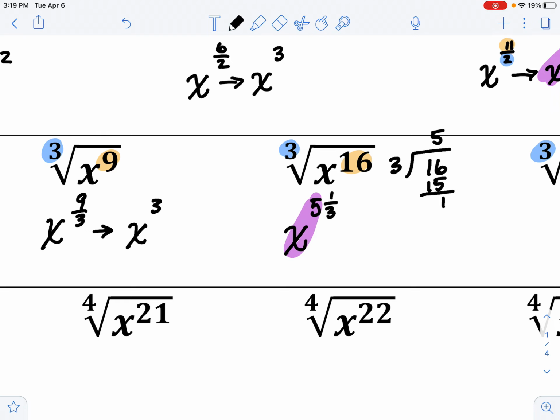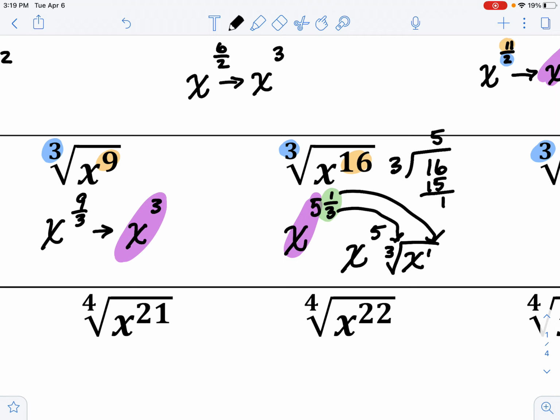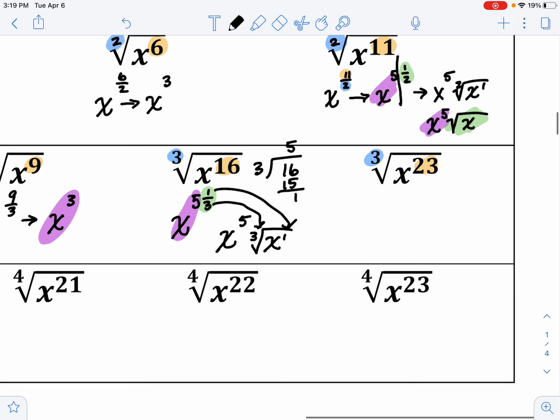This part is just like this. There's no radical. So x to the 5th. And then this part has to be x under the radical, the part that's left over. So cube root of x to the 1st. And you don't have to put the 1 there, but you can. But just notice that the numerator is going here. The denominator is your index. Okay, let's do another one.